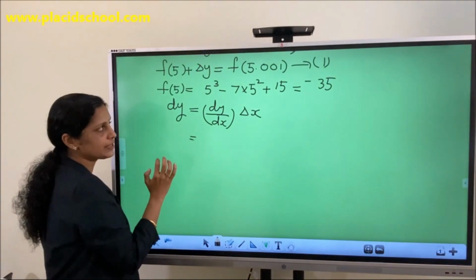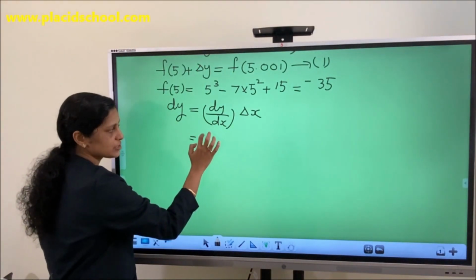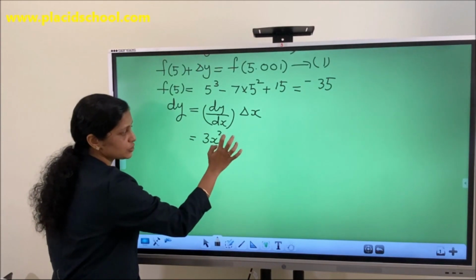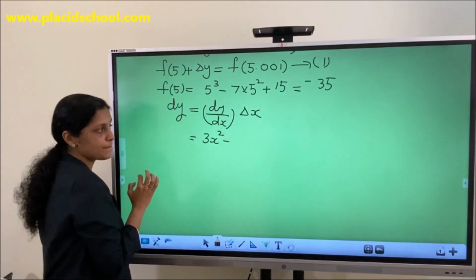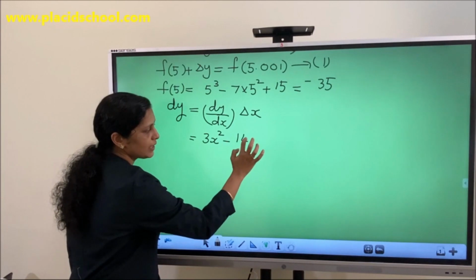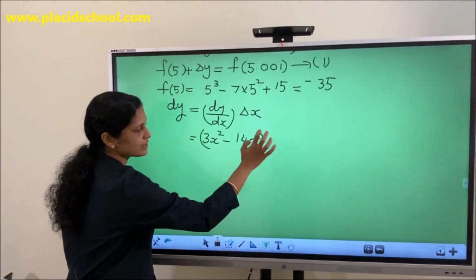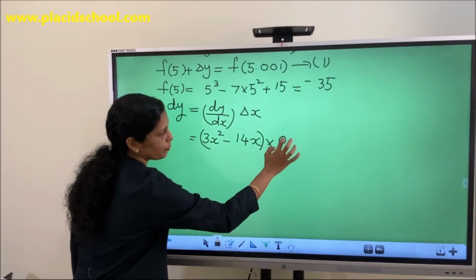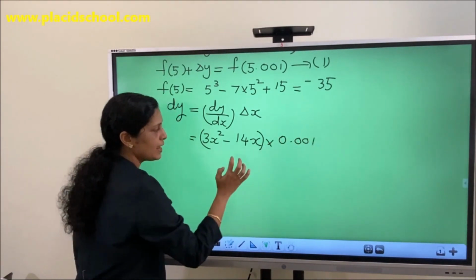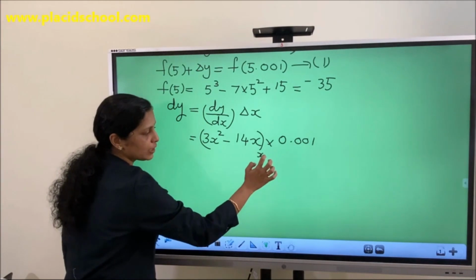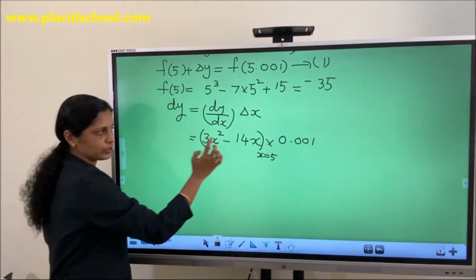The derivative of x cube minus 7x square is 3x square minus 14x. This is the derivative, into delta x which is 0.001. And we need to give the value x is equal to 5 for this.